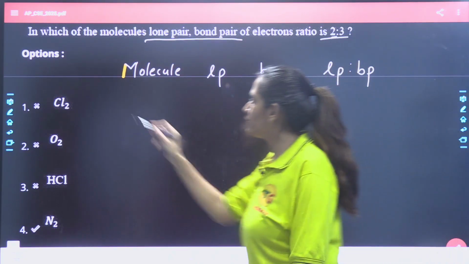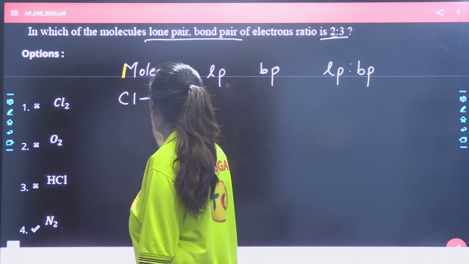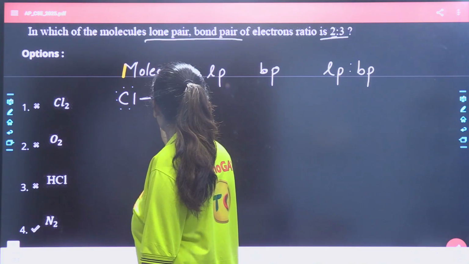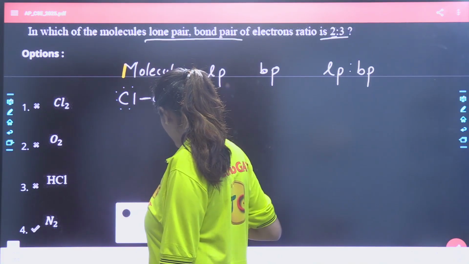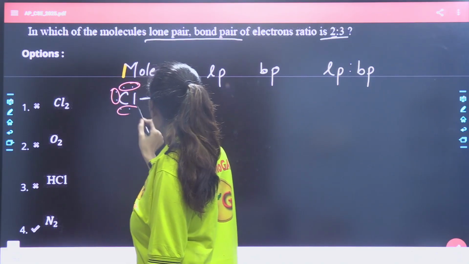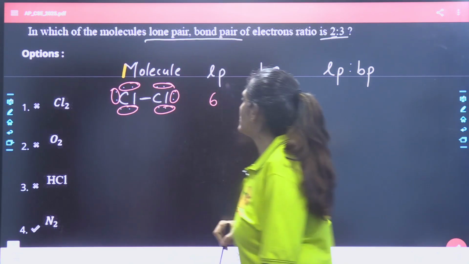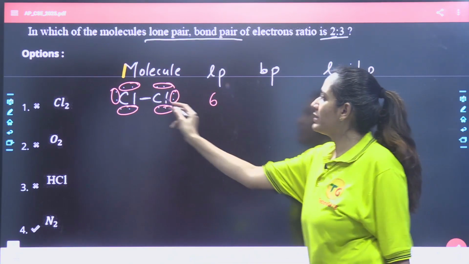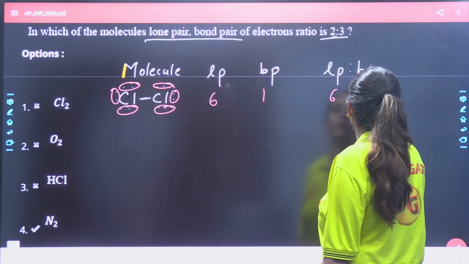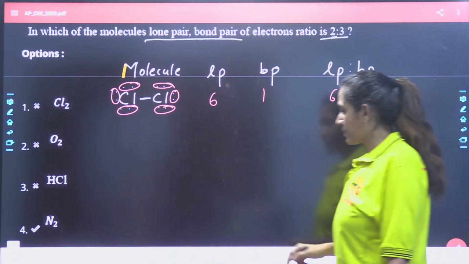Our first molecule is chlorine, Cl2. It is formed like this. Now, how many lone pairs are on chlorine? 1, 2, 3, 4, 5 and 6. So we have 6 lone pairs. The number of bond pairs is just one bond, so 1. So their ratio is 6:1.